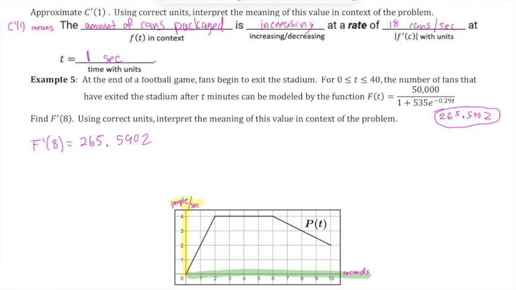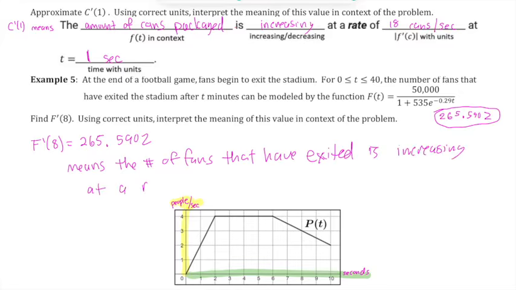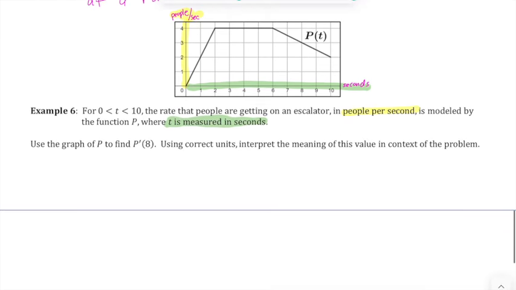And what that means, that the number of fans that have exited, it is increasing because it's positive at a rate of 265.5902. And again, put your unit. That would be people per minute. And then at what time? At t equals 8 minutes.